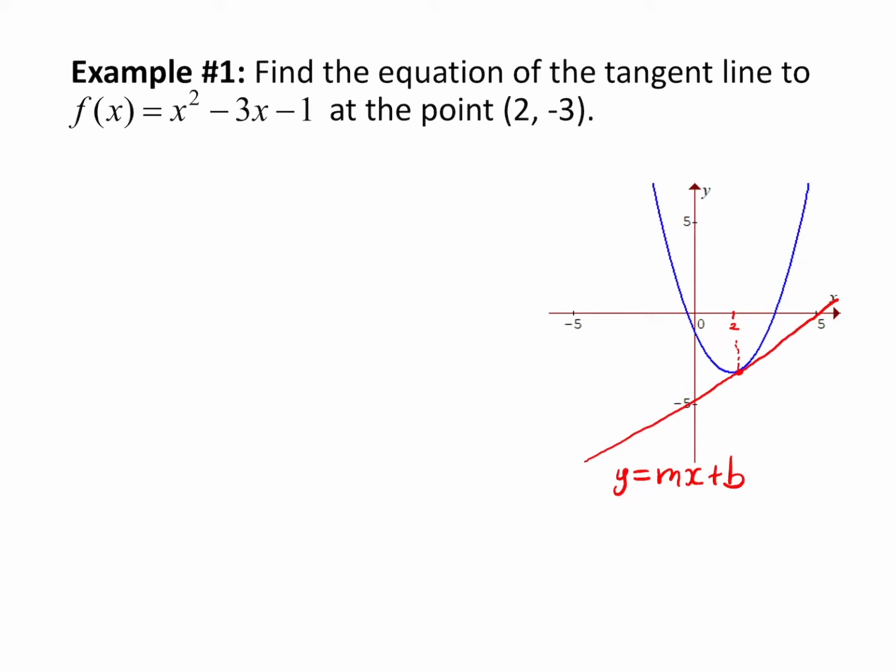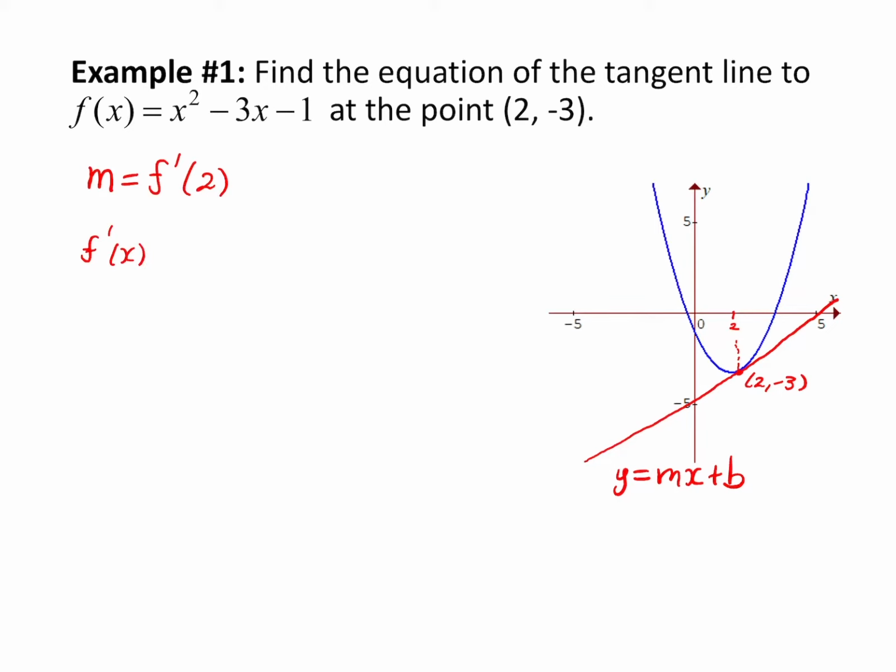To start, we'll find the slope, because once we find the slope, we can find the y-intercept. And the slope is going to be equal to the value of the derivative of our function at that point (2, -3). Because our function is a function of x, our derivative will be a function of x. So we first need to find our derivative.